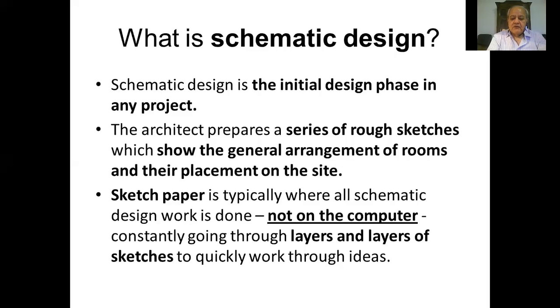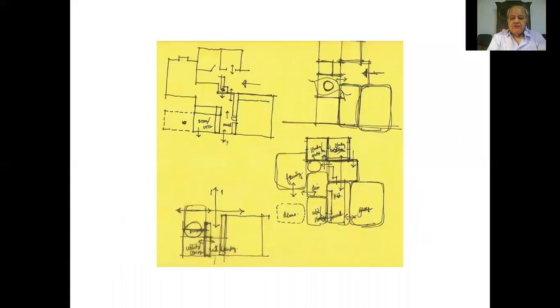And constantly going through layers and layers of sketches to quickly work through ideas. Those nice yellow tracing papers provide us with the opportunity to sketch quickly, freely, and we can put layers on top of each other to improve and correct and change our designs.